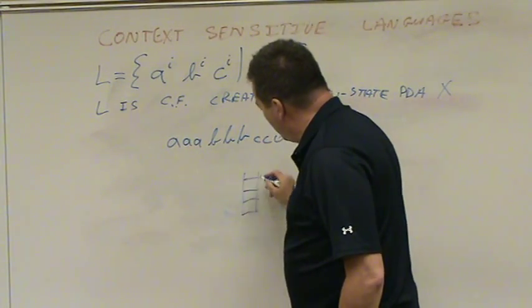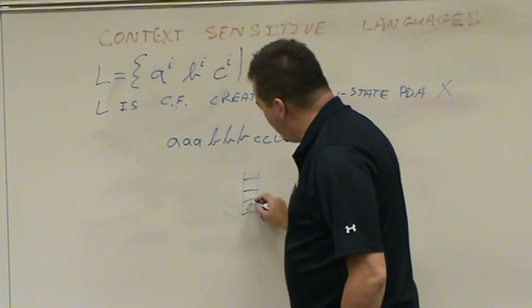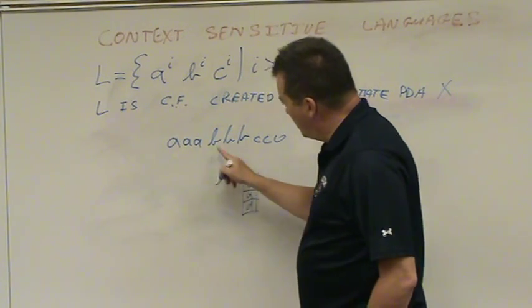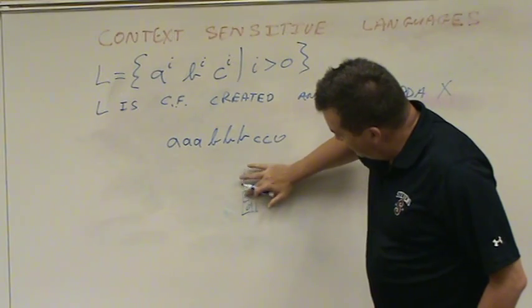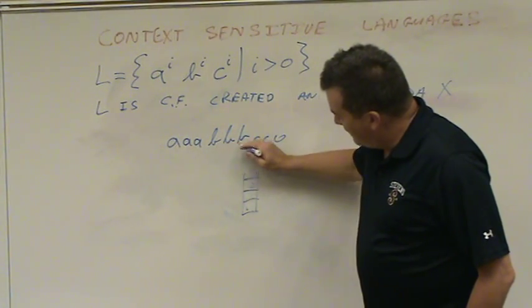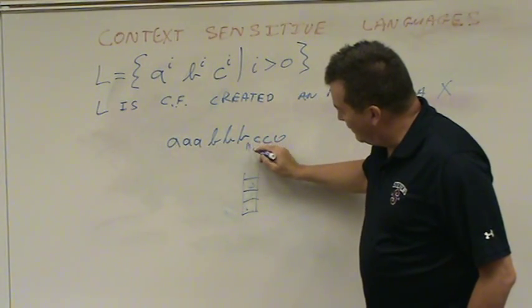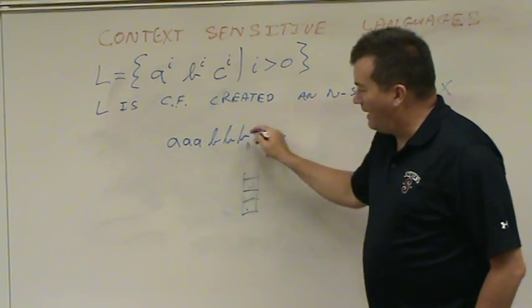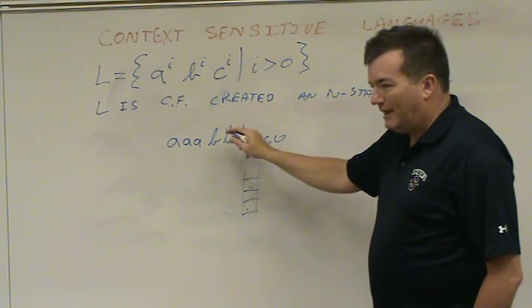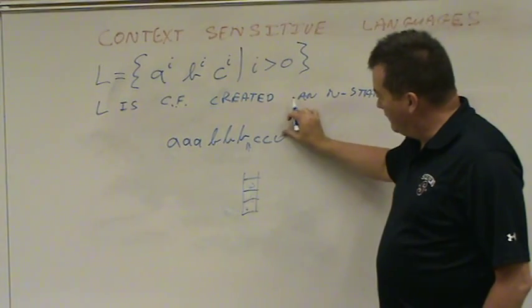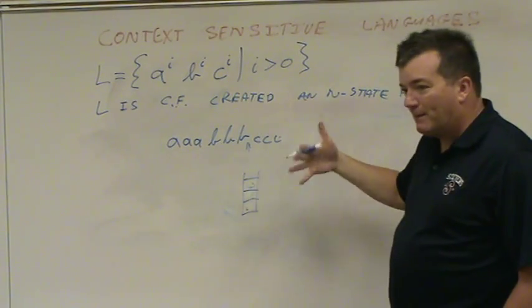Every time we read an A, we push an A onto the stack, read another one. Then we read B's, we start popping the A's. But now when we get to here, we've lost count of how many A's or B's we have. And we have to make sure we have exactly 3 C's, and we don't have any way to remember that.